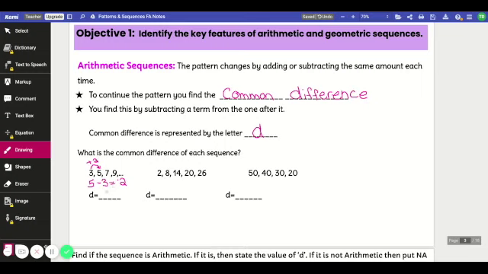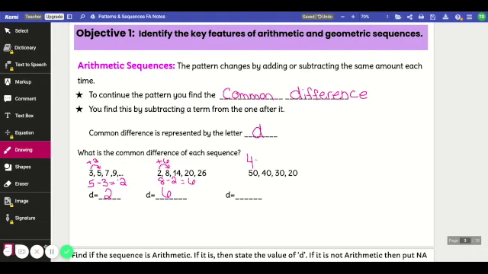So our common difference is 2. The next one: 8 minus 2 is 6. So we're adding 6 each time. If we add 6 to 8, we get 14. And we add 6 to 14, we get 20. So our common difference is 6.